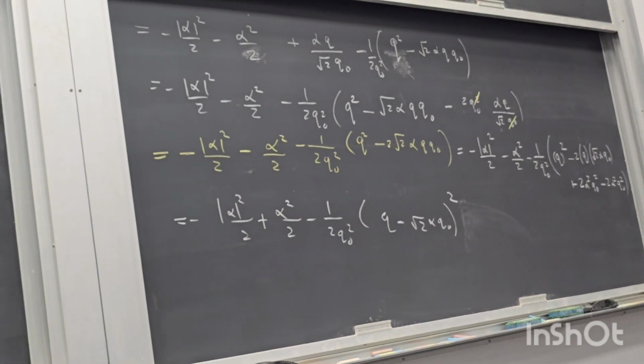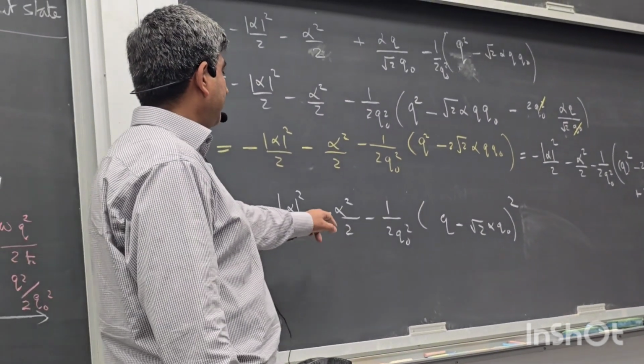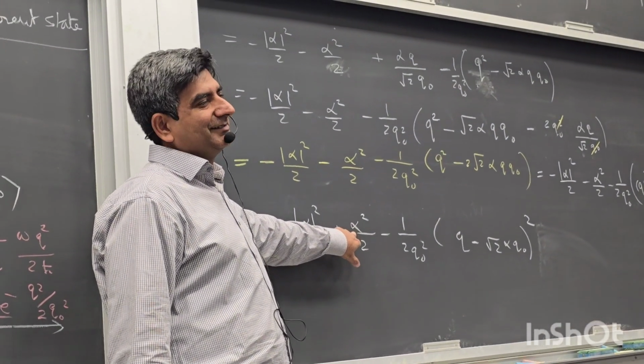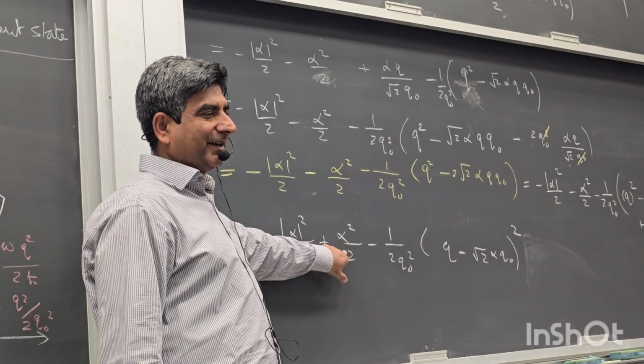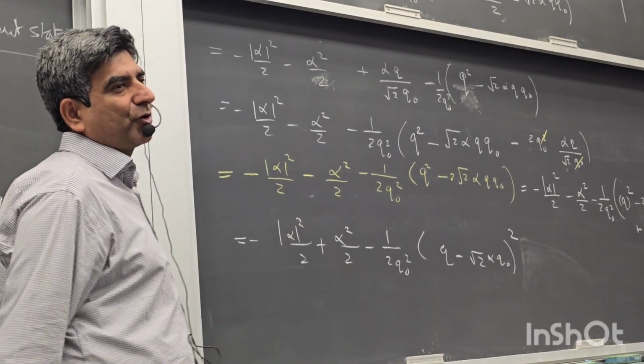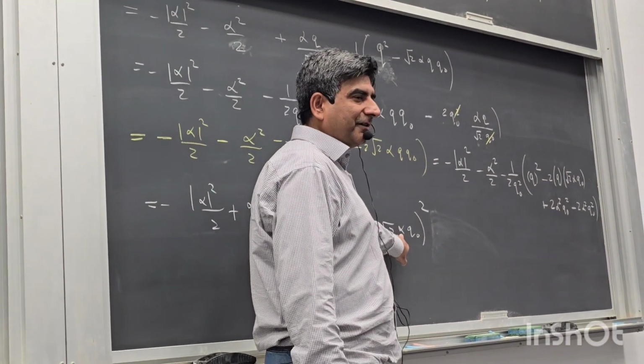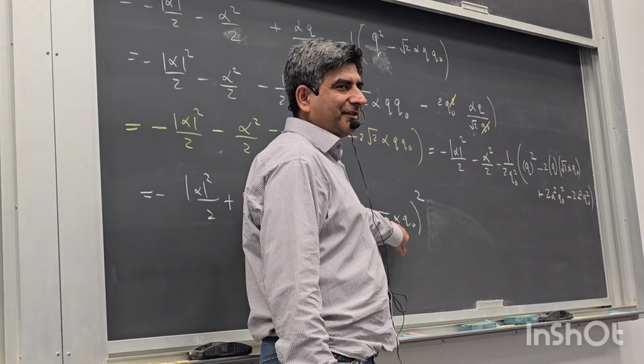But alpha can be complex. So if alpha is complex, this alpha square becomes alpha real square minus alpha imaginary square plus 2 iota alpha real, right? So things get a bit more complicated. And this becomes alpha real plus imaginary square as well.